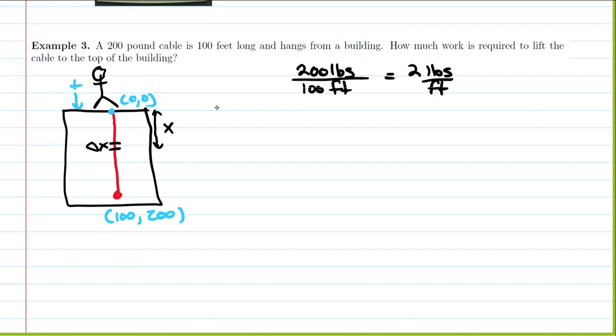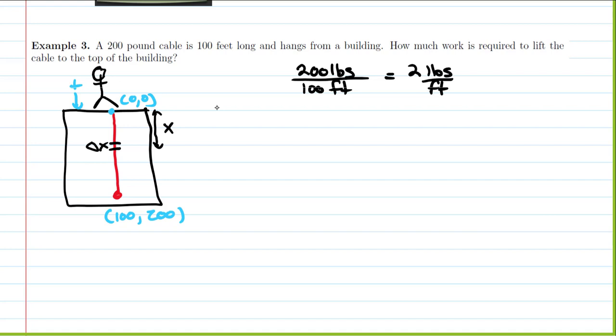So my unit rate of change is, for every foot I pull up, how much less weight am I going to have? 2. So one way is to think of it that way. I also made a coordinate system, right? With 0, 0 and 100, 200.